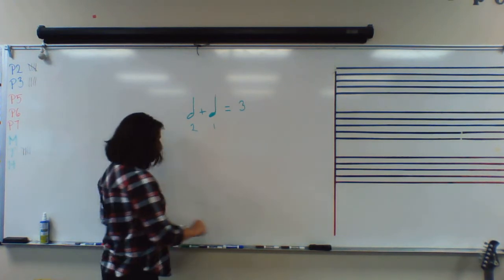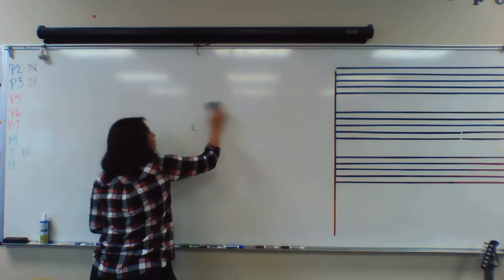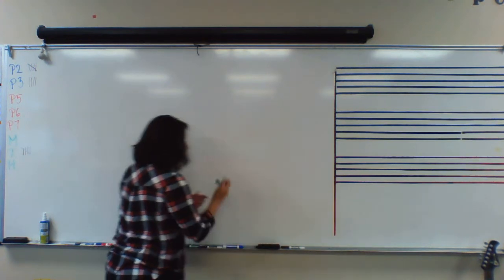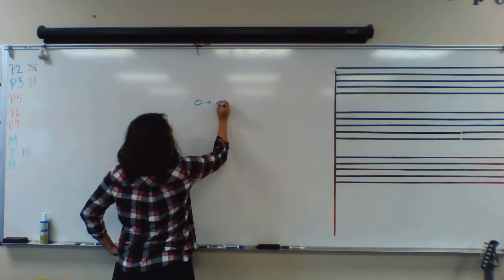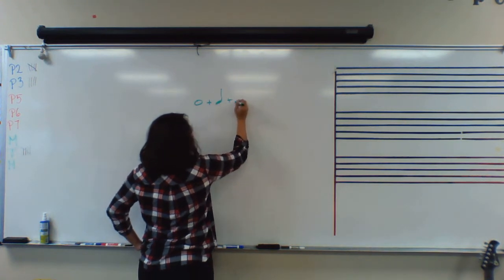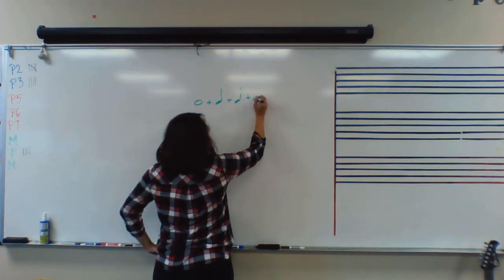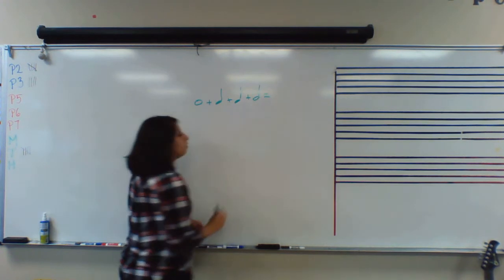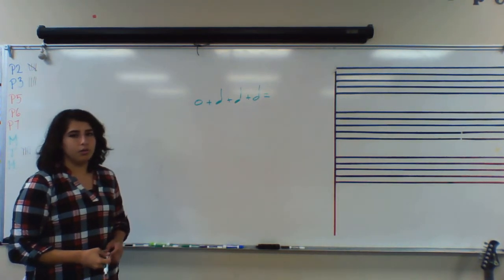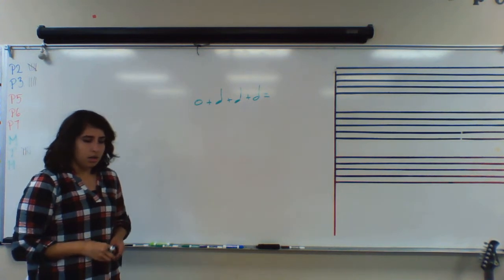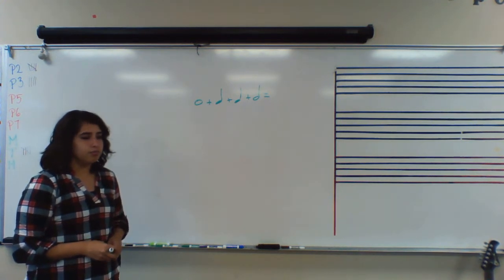Make sense? All right, that was a test run. Here is whole note plus quarter note plus quarter note plus half note. What does that equal? I'll give you 5 seconds to figure it out.